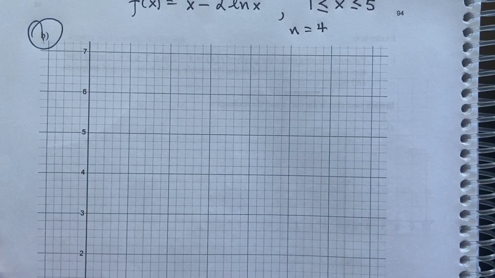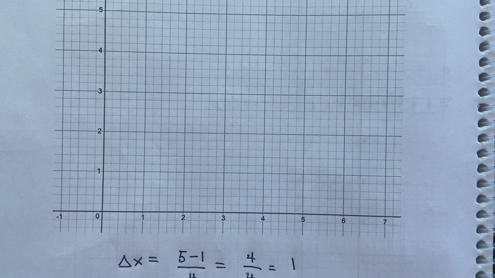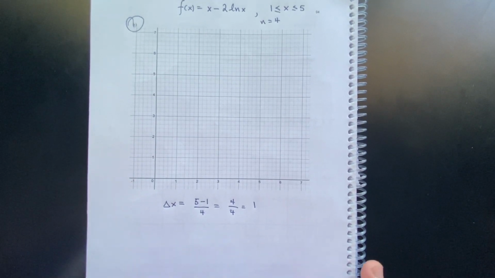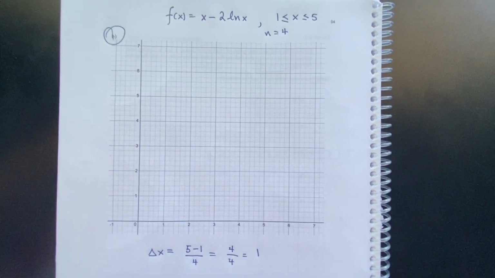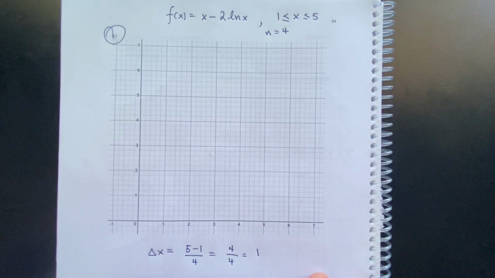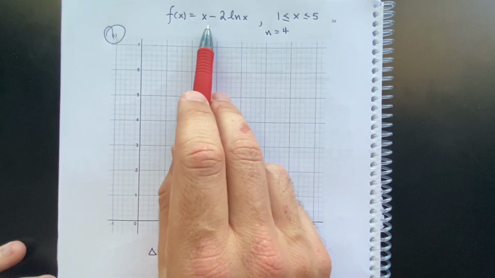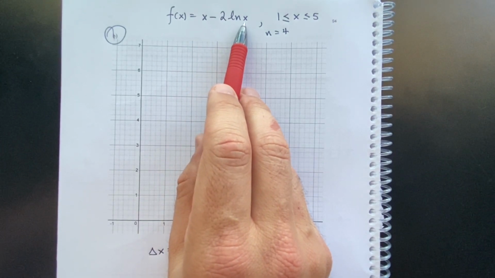So at 1, evaluate this function. Maybe I'll zoom out for you guys. I don't know if that helps a ton. Maybe that helps. So over here at 1, if I evaluate this function there, I'll have 1 minus 2 ln of 1. ln of 1 is 0.